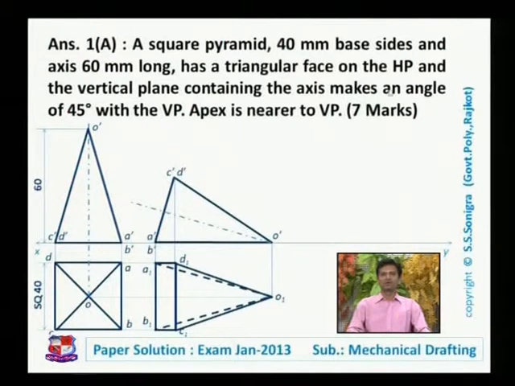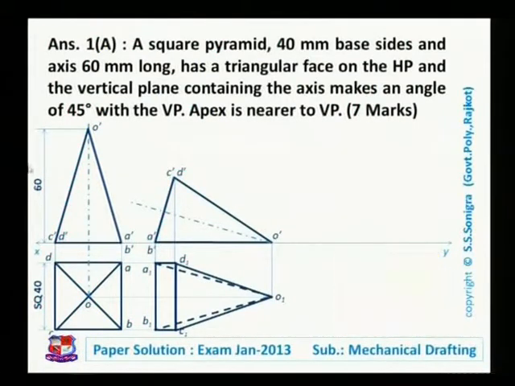Now read about the second line. In the second line it is mentioned that the vertical plane containing the axis makes an angle of 45 degree with vertical plane. As we know, the angle with vertical plane is visible in top view. Hence the plane which passes through this axis makes an angle of 45 degree with VP.